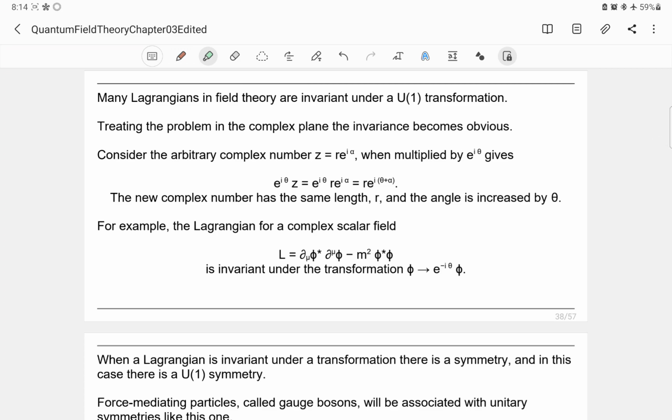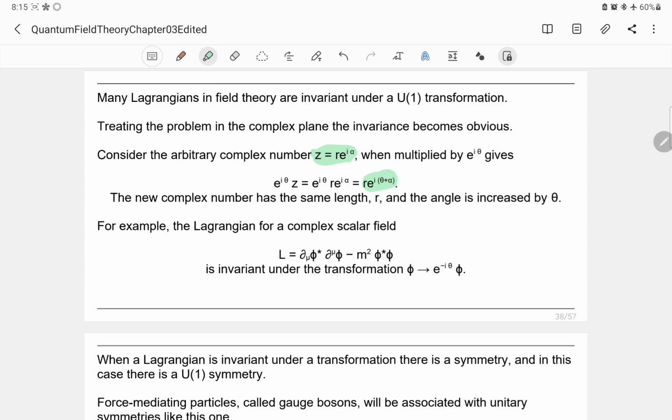So if you treat the problem in the complex plane, the invariance is really obvious. So if you have an arbitrary complex number Z, which you can write in this form, r times the exponential i alpha. So when multiplied by e to the i theta, this gives just this one.